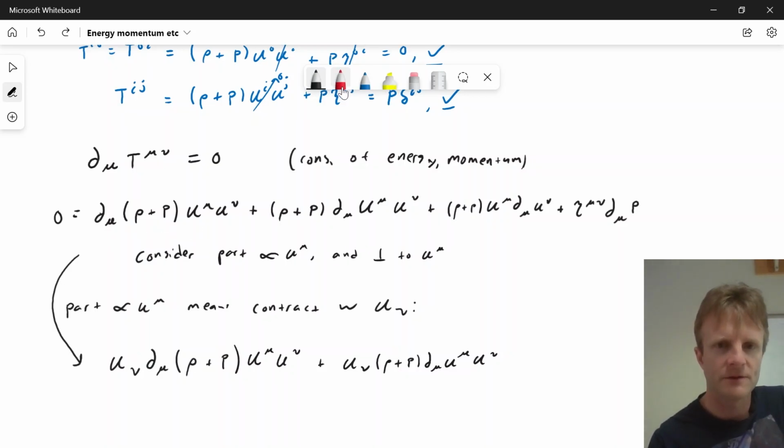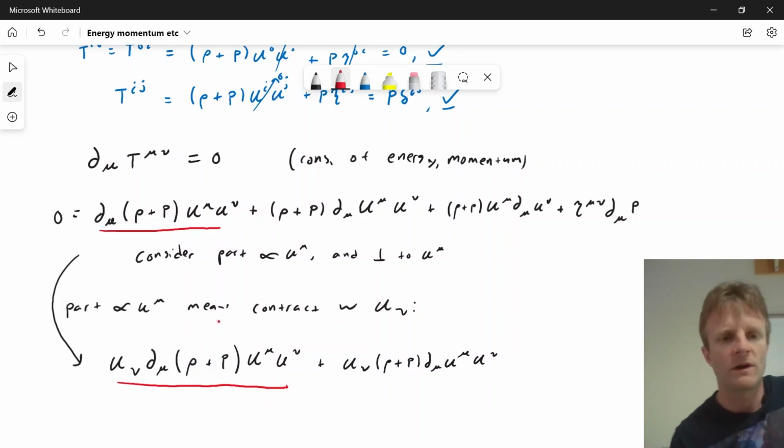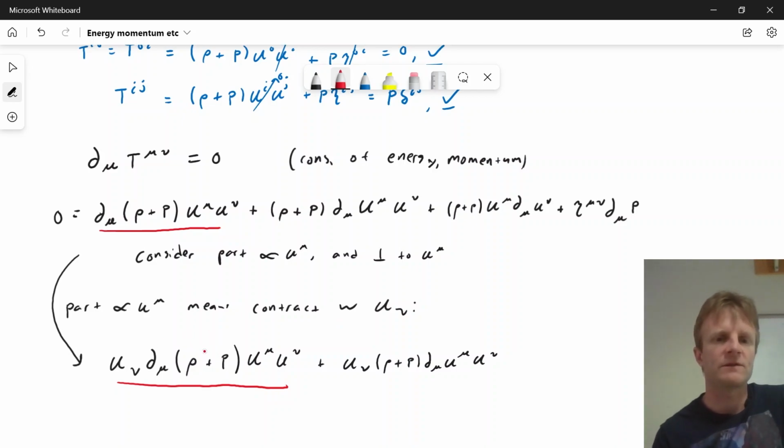So let's just work on the first term here. So this term. So what do we see here? Well, all this stuff in the middle is kind of a distraction right now. The thing to notice is we have u contracted with itself. And you may recall from the definition of the 4 velocity, u mu u nu is always minus 1.